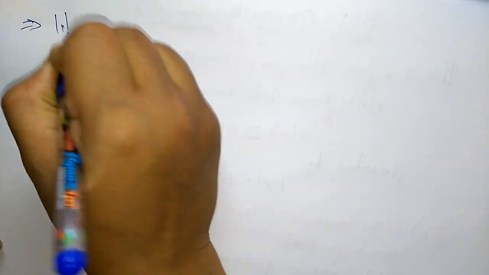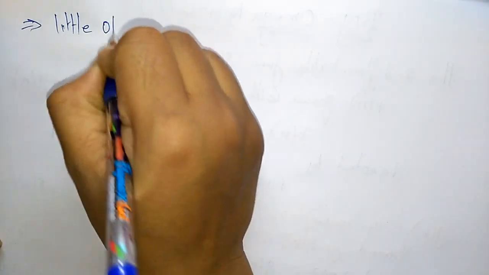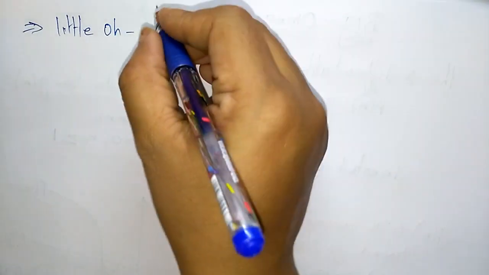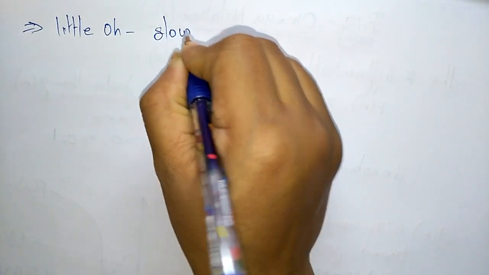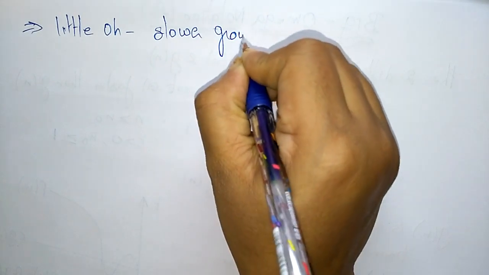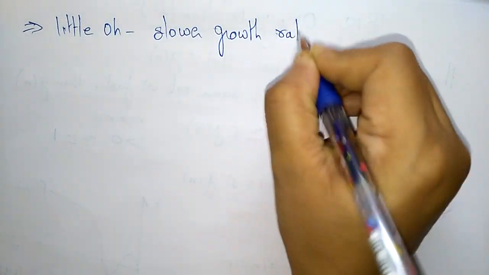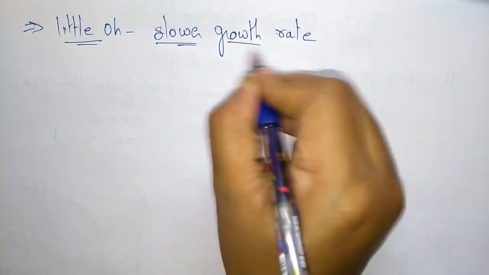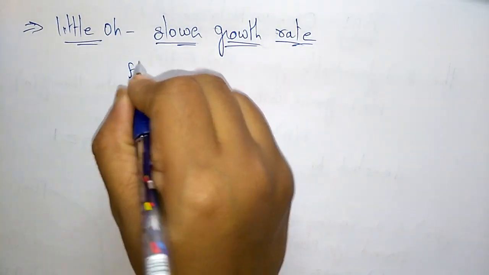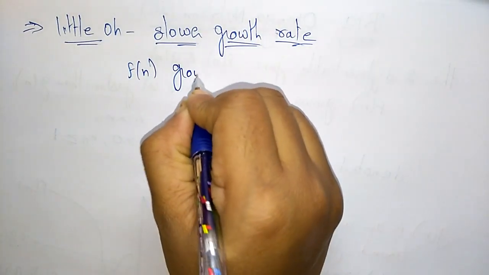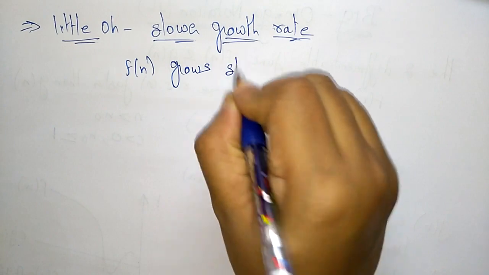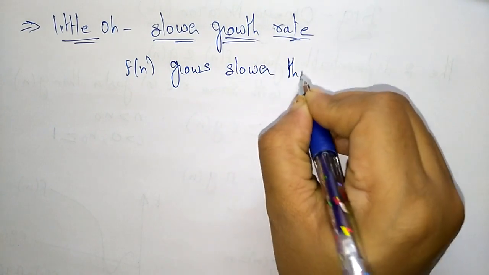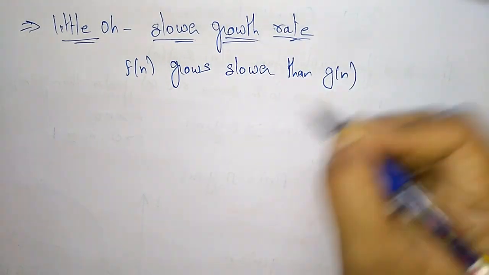Now let us see simple formulas for little o and little omega also. Little o. So here the growth rate is always slower. For little o, slower growth rate. So here f of n grows slower than g of n.